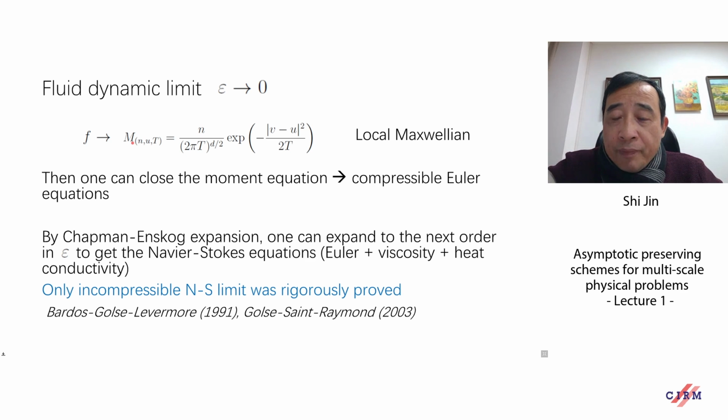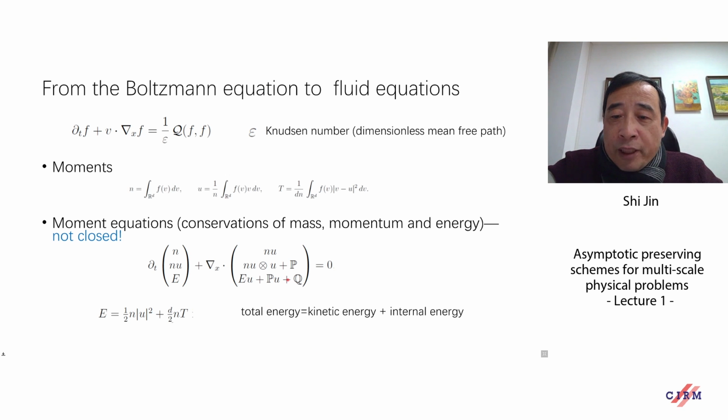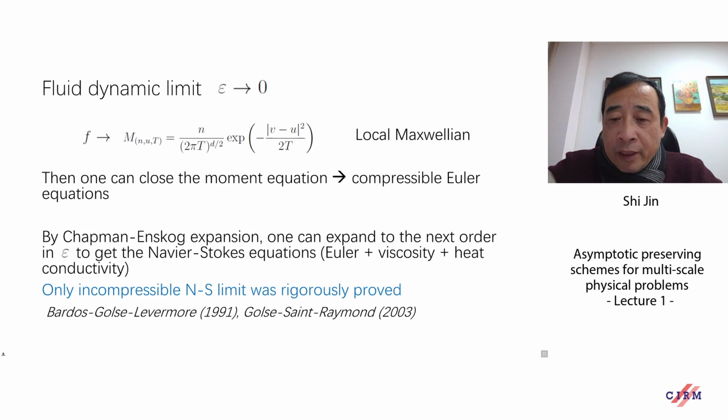So for this special F, P and Q can be expressed as functions of these 5 unknowns. Then you have 5 equations, 5 unknowns, and you can close the equation. That closed equation is exactly the compressible Euler equation. So fluid dynamics is basically the zero mean free path limit of kinetic equations.